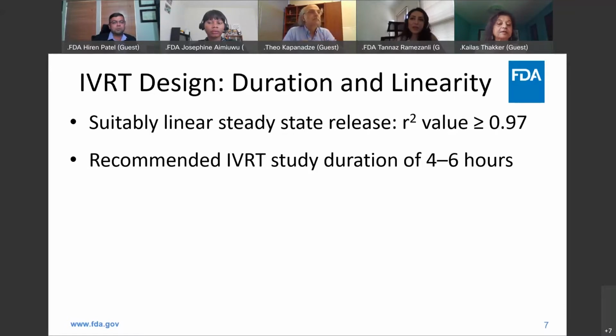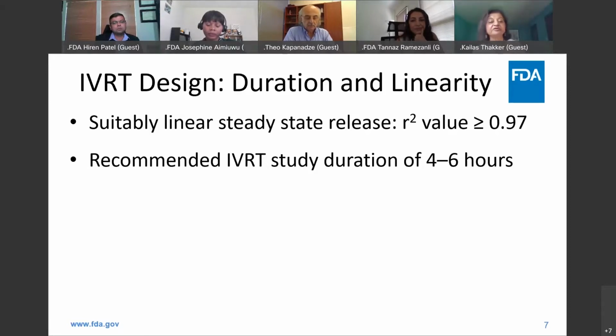Okay, thank you. Can I just quickly go back to the previous bullet, on the linear steady state. If you just calculate your data and say you have 0.97 and you meet everything, you think, oh great, I got great linearity. But I would highly recommend that visually looking at the data is sometimes so much more important, as Sam was showing, that there's a little curvature.